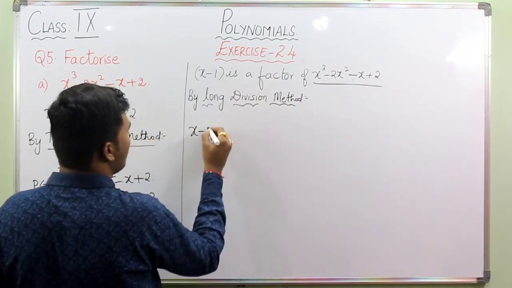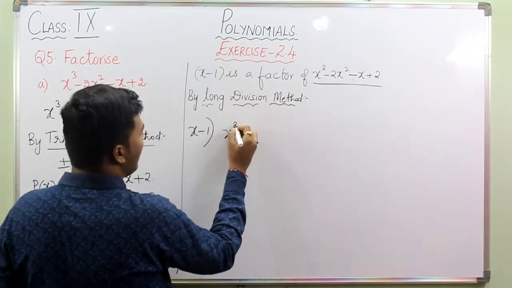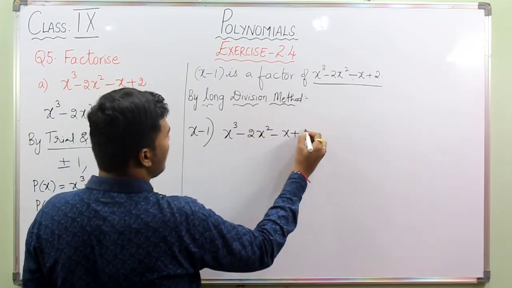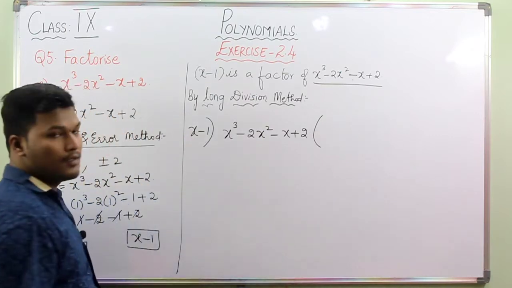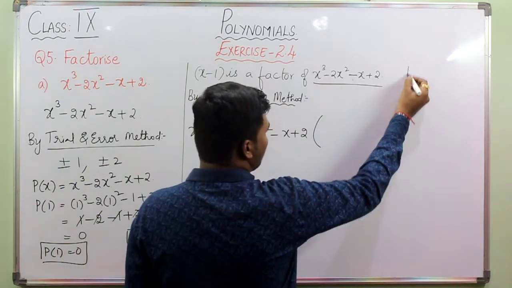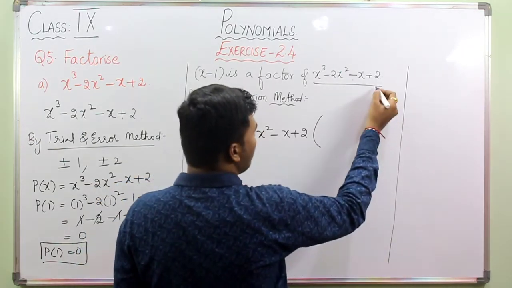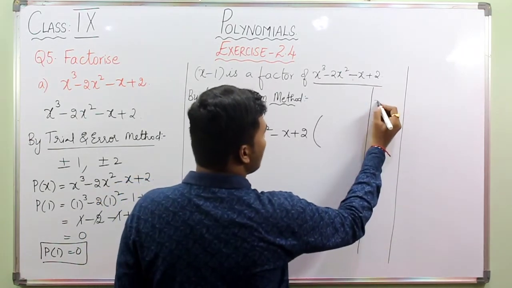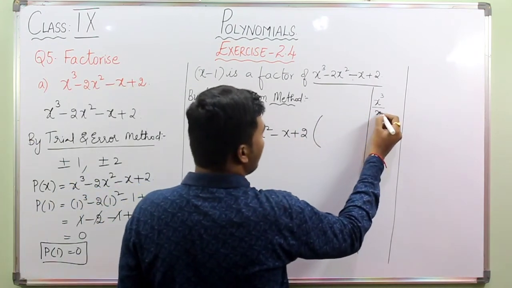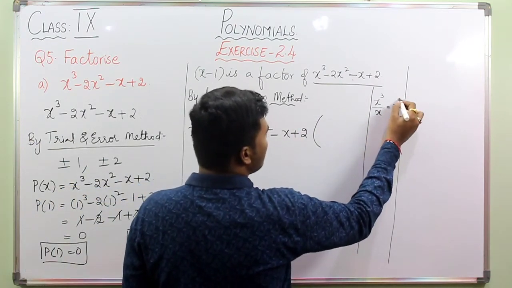So x minus 1 is g of x, and x cube minus 2x square minus x plus 2. So listen carefully, the first term here is x cube. We are considering the first term x cube divided by x, then I will be getting x square.